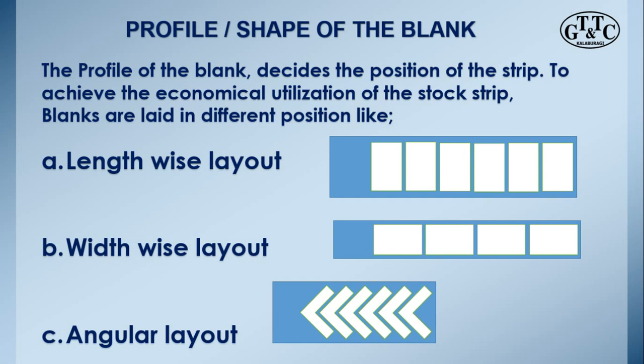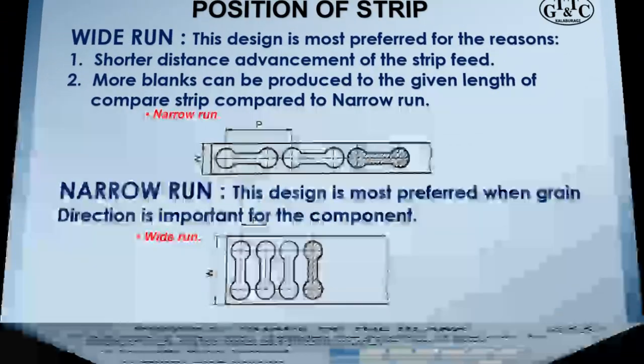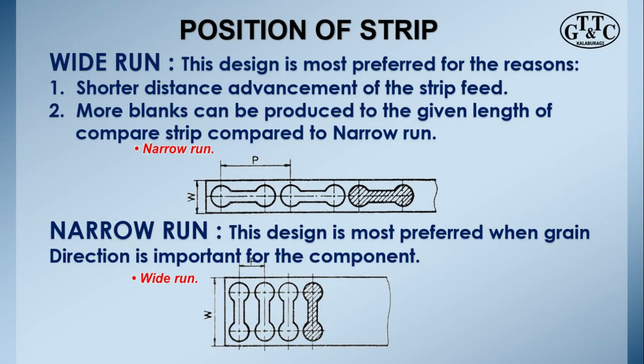So all this layout matters a lot, because ultimately we want to achieve economical utilization of the stock material. And then further we see here, because all these different types of layout are tried on the strip, it has an influence over the position of the strip.